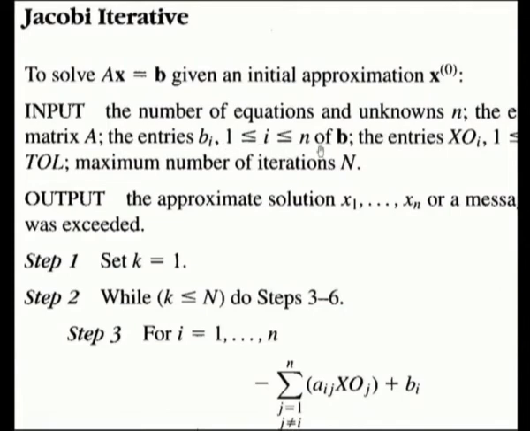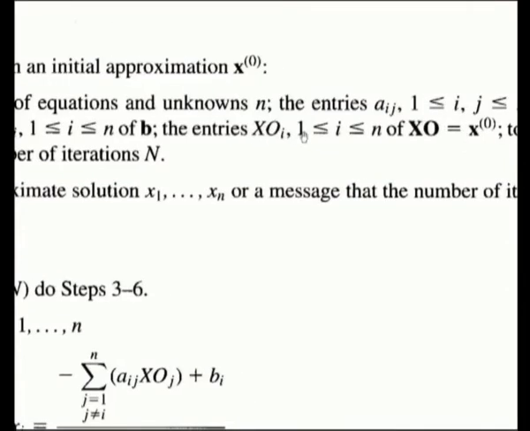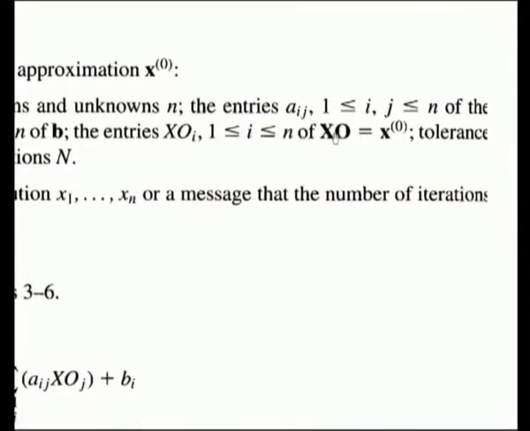However many equations there are, that many right hand side entries. And the initial entries x_o, where o indicates x old, for i varying from 1 to n, and x_o indicates the initial vector.